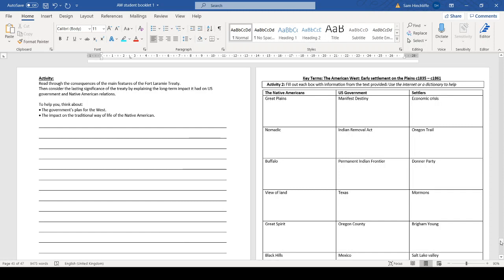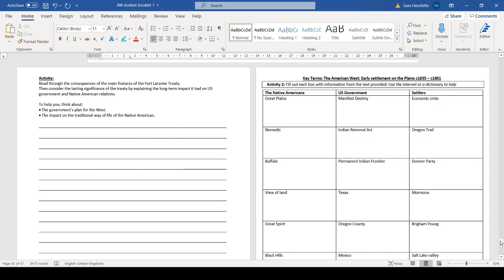As a result of the Fort Laramie Treaty, they are able to build railroads, they are able to build settlements, they're able to encourage migration west. From the Native American point of view, they're becoming dependent on US cash handouts. They are subsiding their land, and they are allowing themselves to have their way of life destroyed by moving onto the reservations.